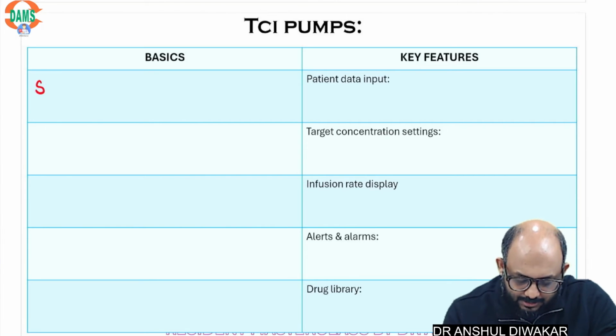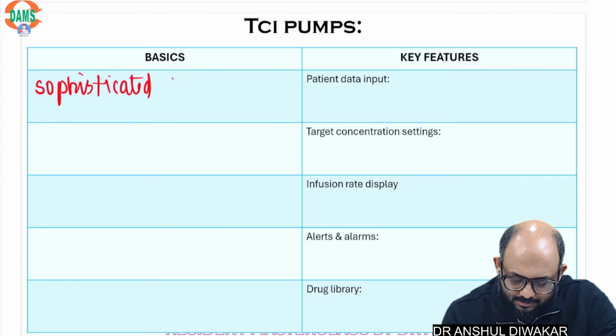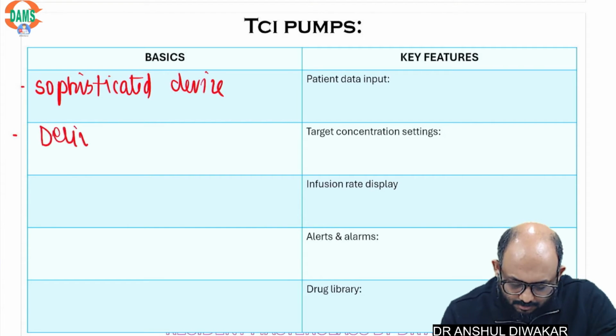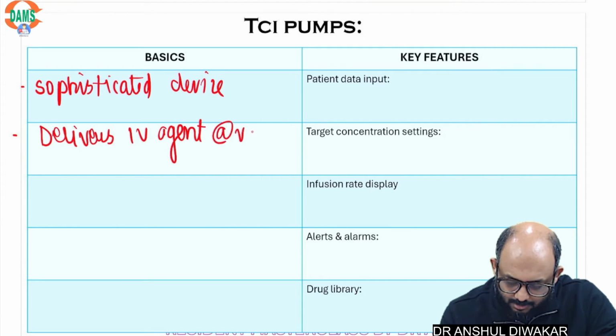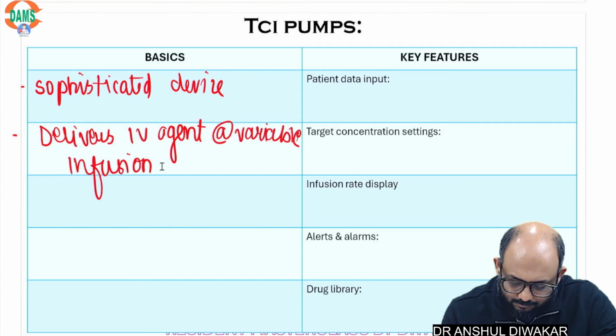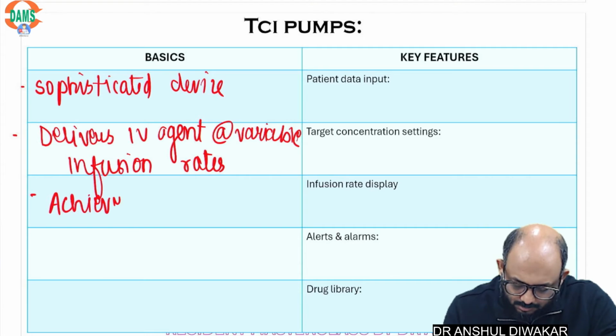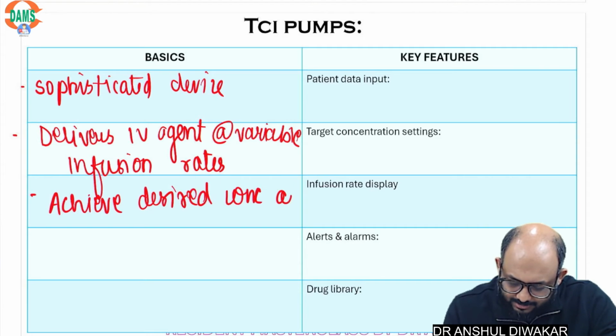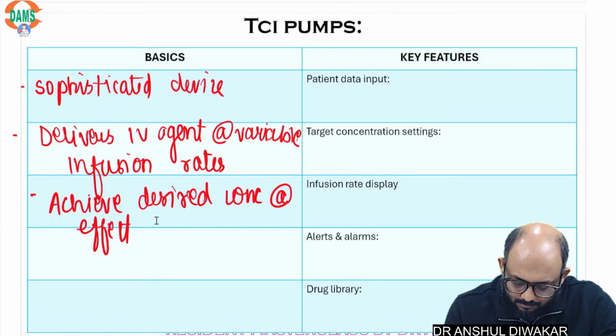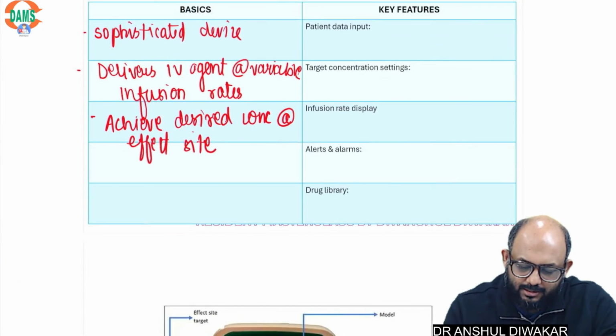That it is a sophisticated device, delivers IV agent at variable infusion rates, to achieve desired concentration at effect site.